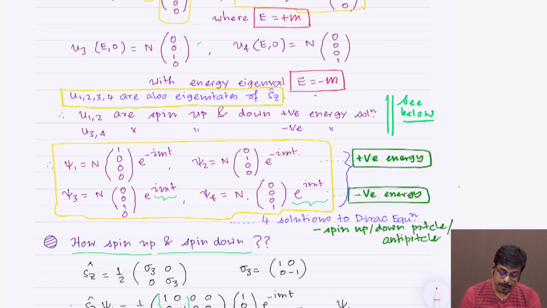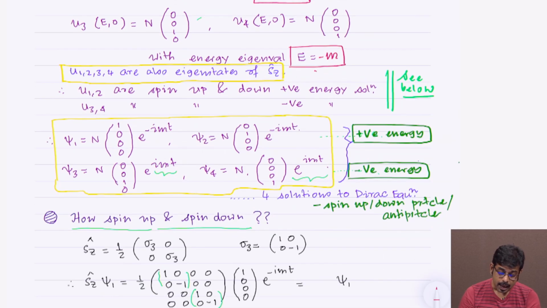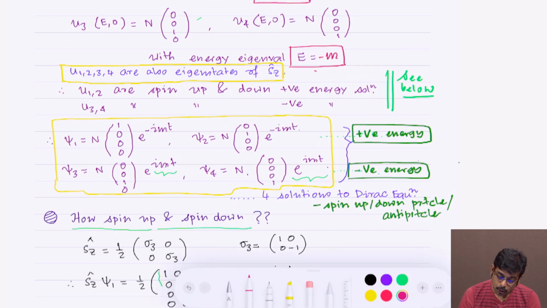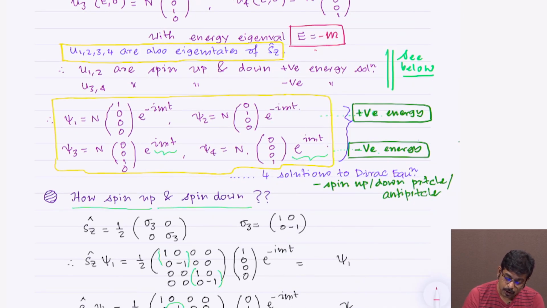Psi 1 is n 1 0 0 0 e to the power minus i m t, just because E is equal to plus m in these cases, and psi 2 is n 0 1 0 0 e to the power minus i m t. Psi 3 is n 0 0 1 0 into e to the power i m t, and psi 4 is n 0 0 0 1 into e to the power i m t. Note in these cases that this is e to the power i m t just because E is actually minus m. In this case also, E is equal to minus m.